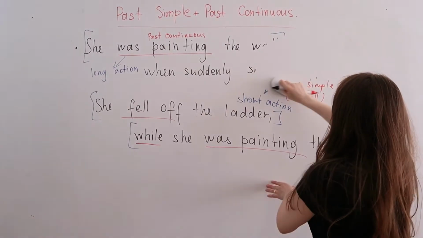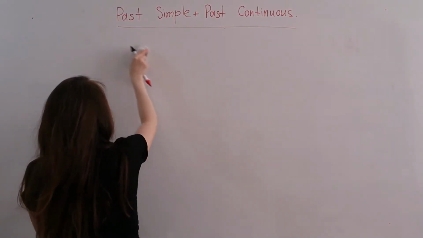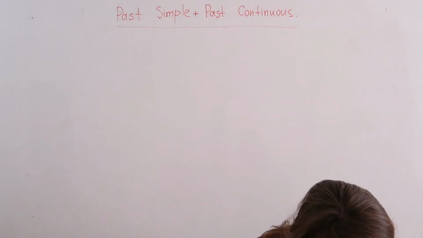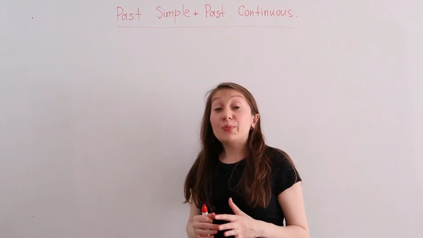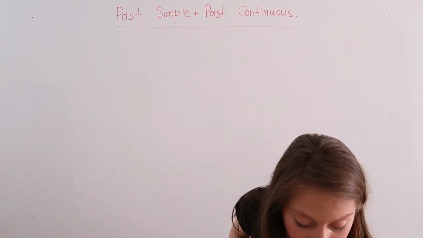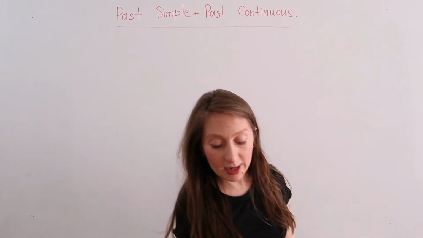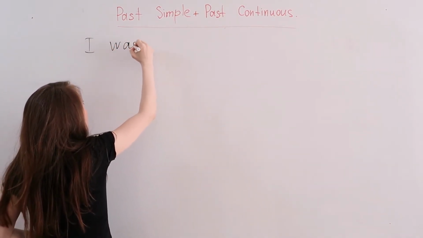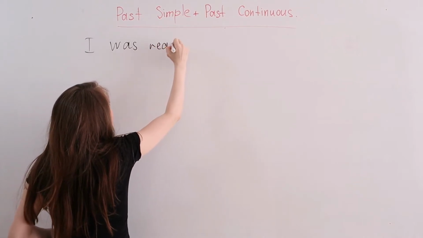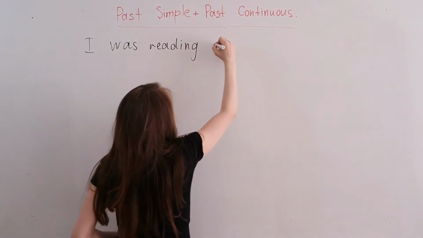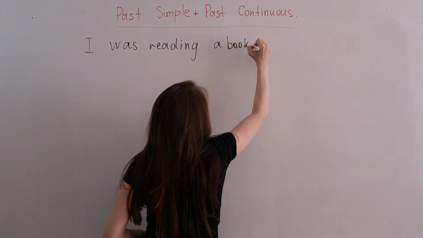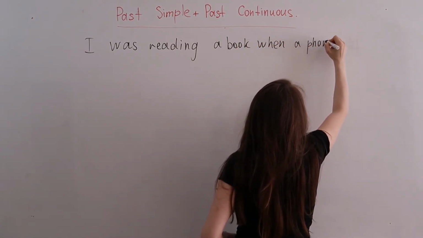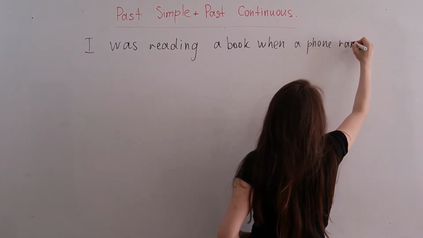So I will clean it first. So the sentence is, I was reading a book when the phone rang. All right? I was reading a book when a phone rang.